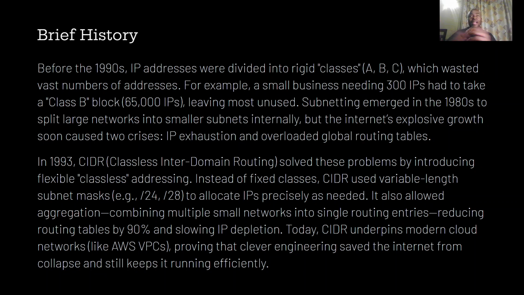The aim of this was to solve the problem of wastage and the quickly depleting numbers of IPs. So they produced flexible addresses instead of fixed classes like A, B, and C. Here you could see someone using an IP address of class A in a class C setup.